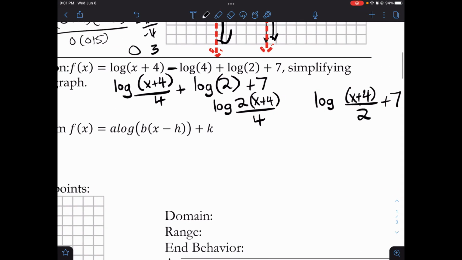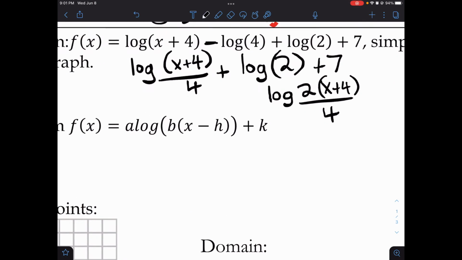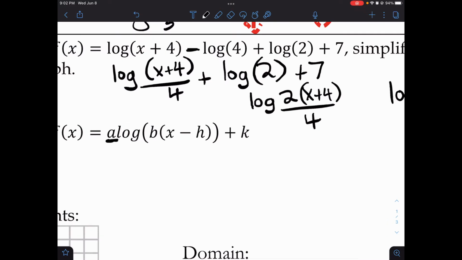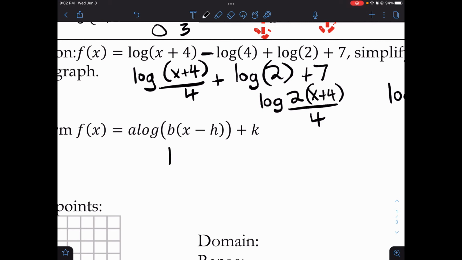So let's do that. Okay, so we don't have a vertical compression or stretch, so we can leave it like that.